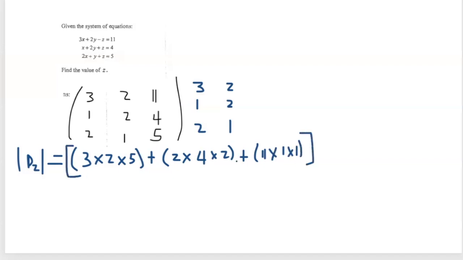Now we're going to have minus the other direction, 2 times 2 times 11.